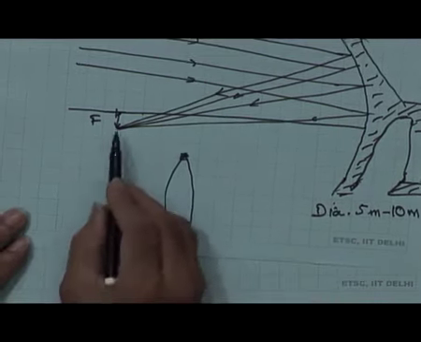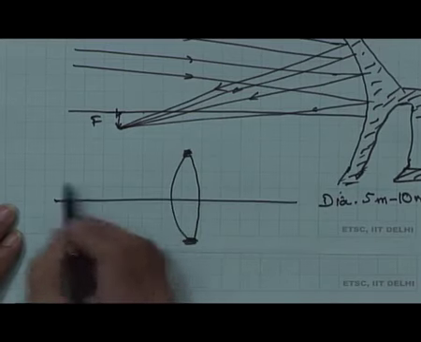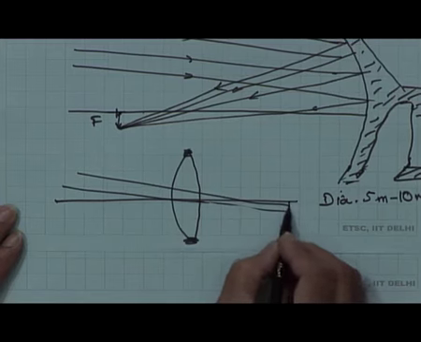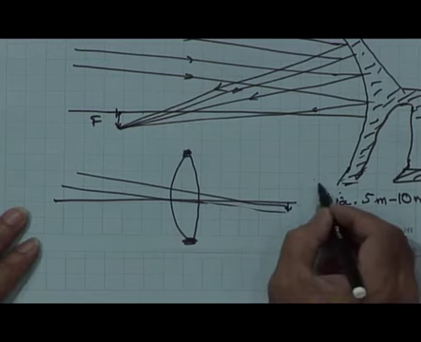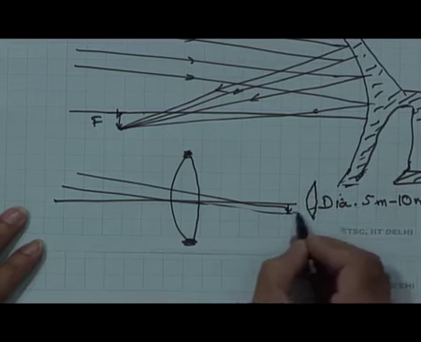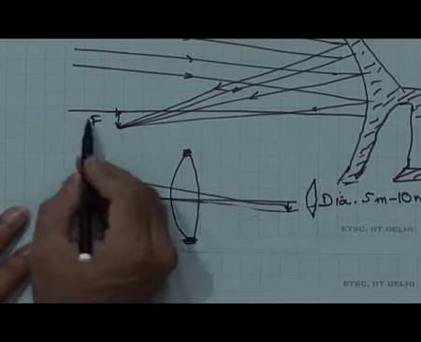But the difficulty in this case is that in the lens case the image was formed somewhere on the other side. So, the image was formed here, and therefore, you could have kept an eyepiece here to get the magnified virtual image of this object. But in this case, this has to be observed.